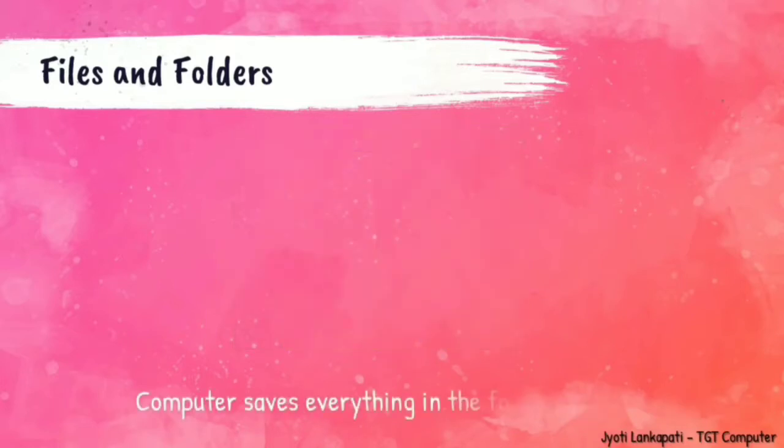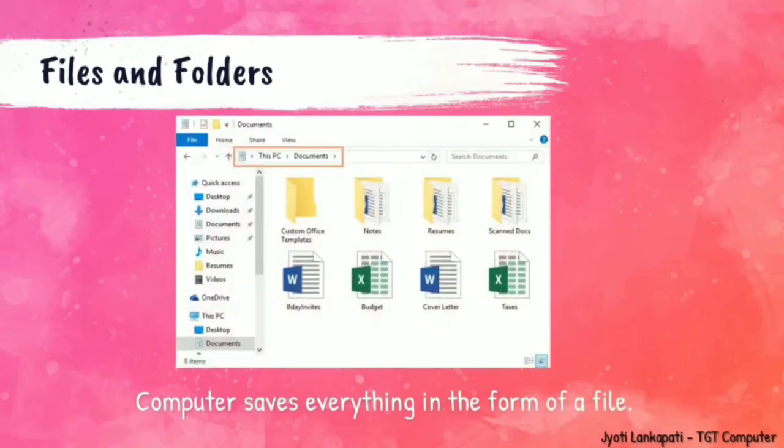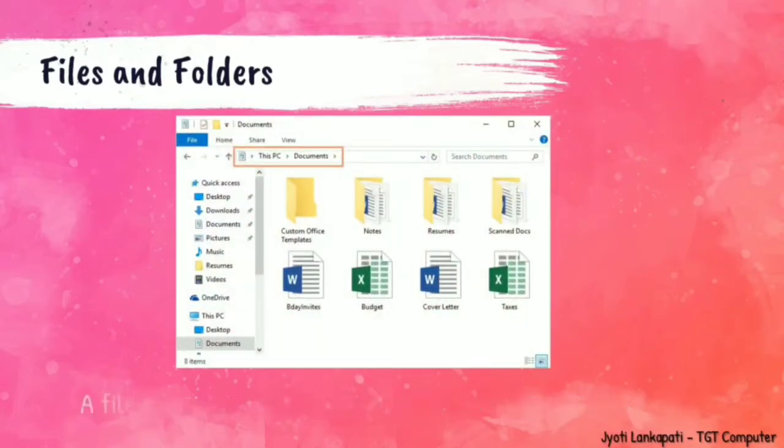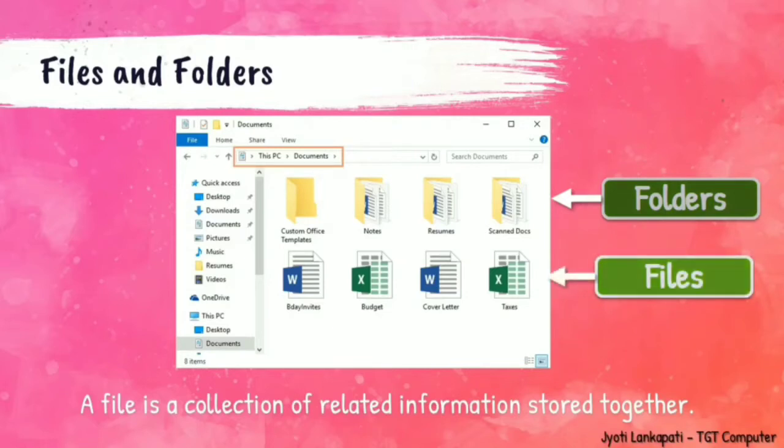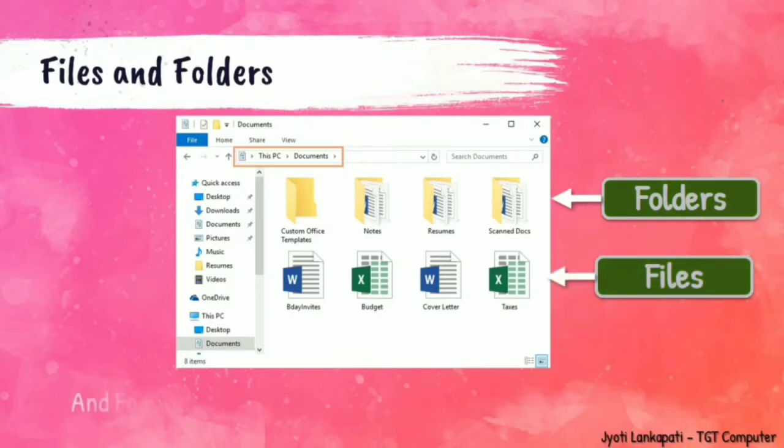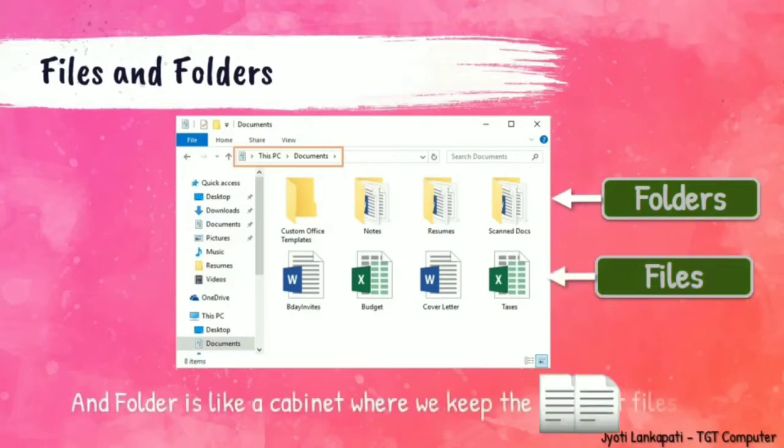Likewise, the computer saves everything in the form of a file. A file is a collection of related information stored together, and a folder is like a cabinet where we keep the relevant files.